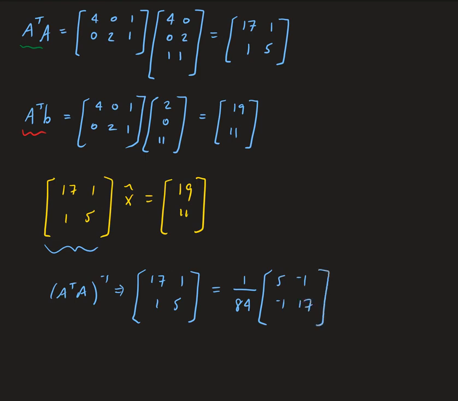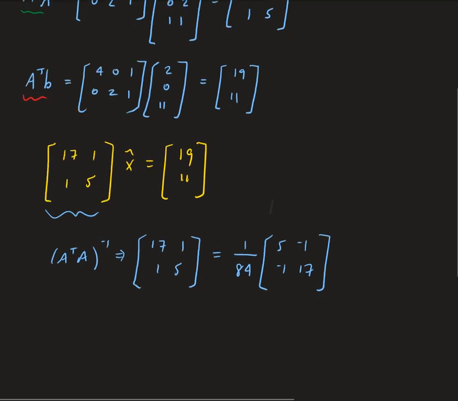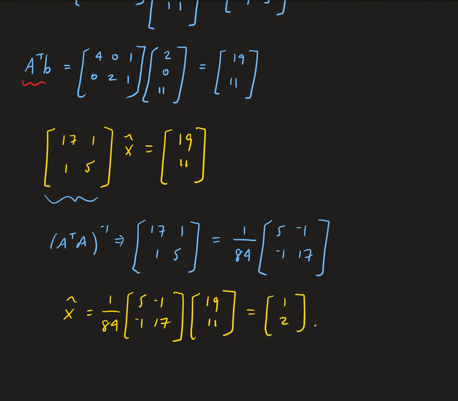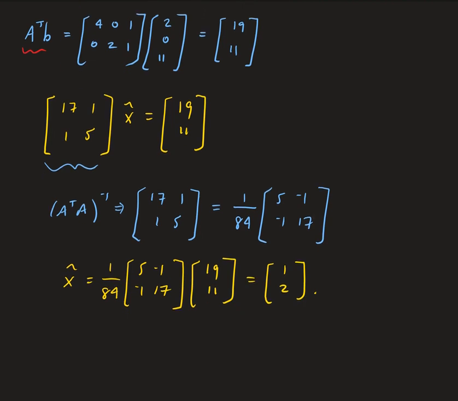We multiply this by our vector 19, 11. So x hat will be equal to 1 over 84 times that matrix, and then times this vector. This gives us the vector 1, 2. So that is our least squares solution.